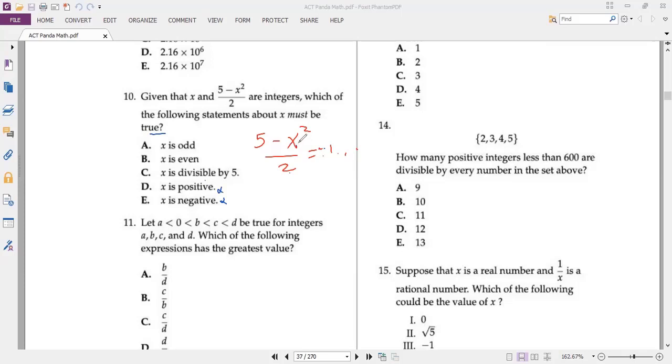Not by 5. Why? Because if we have 5 power 2, so 5 power 2 is what? 5 power 2 is 25, or 5 power 3, 25 minus 5, but 5 power 3 cannot be divisible by 2.